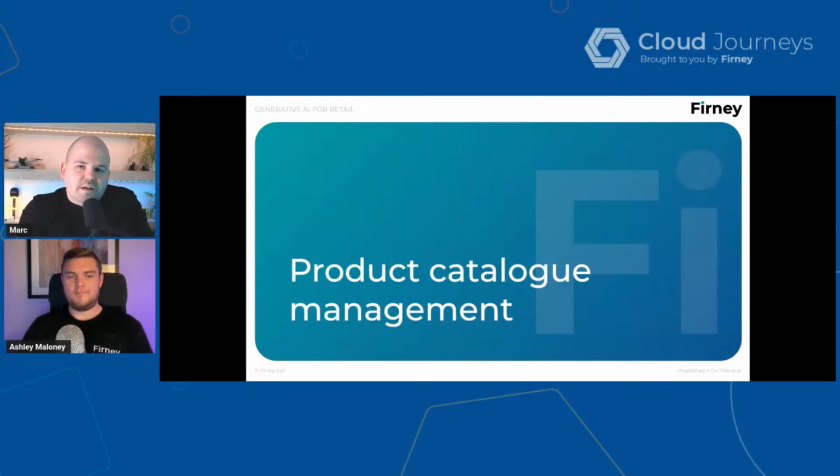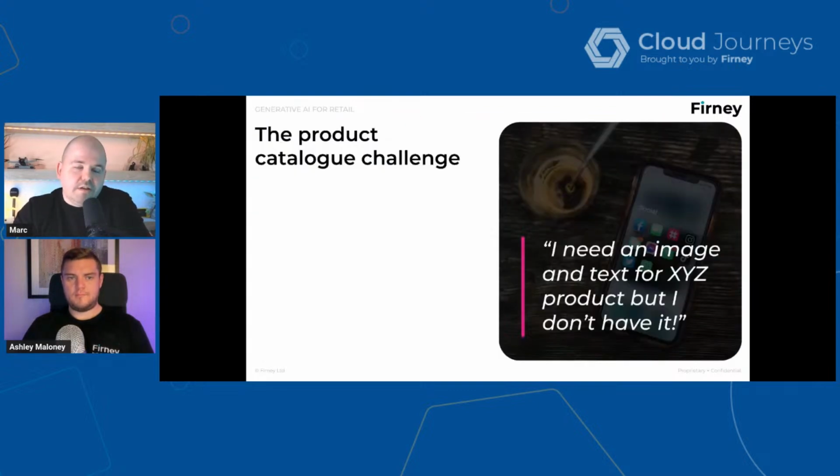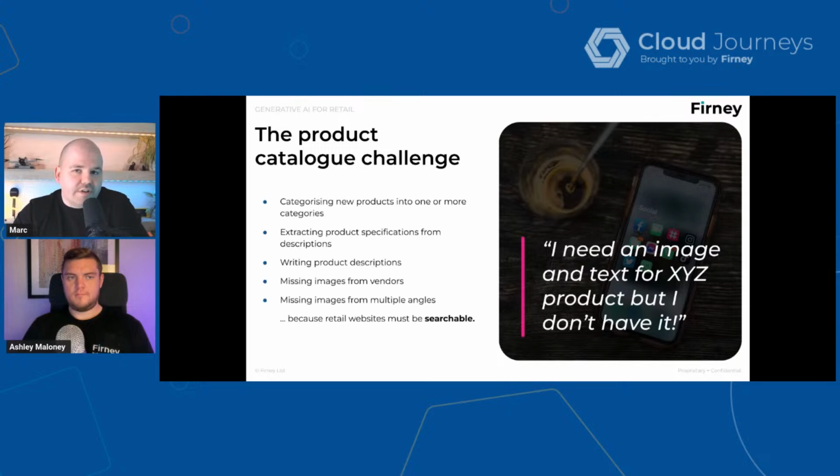So very similarly, the next use case is around product catalog management, which is a very similar use case. We essentially have a large number of products, and maybe we need to categorize those products into the various categories they need to live in, or we need to extract information from the descriptions we've been given by the vendors and suppliers on those products.